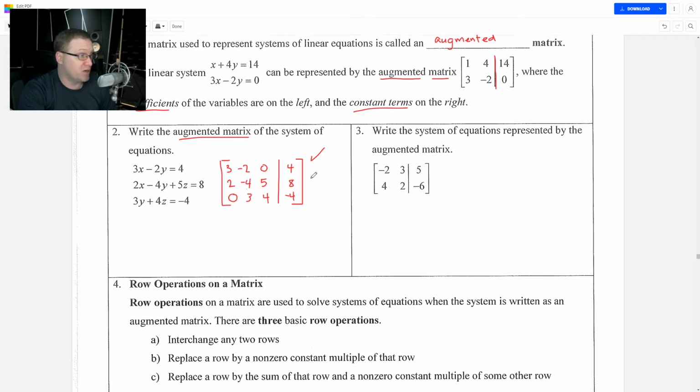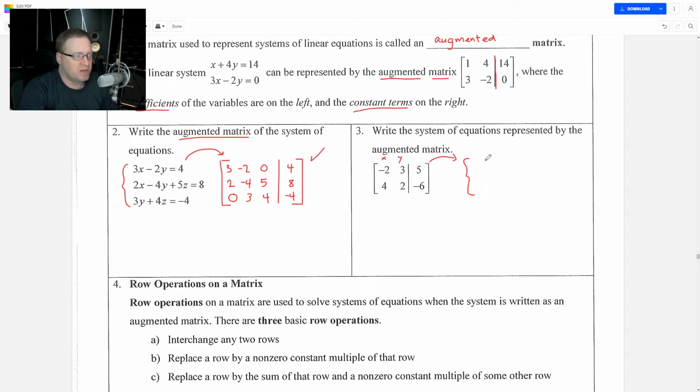Or we could go the other way. In this one, they gave us an augmented matrix, and we can write the system of equations that it represents. We usually write a system of equations with a bracket on the side. So this is all of the x variables, this is all of the y variables, and these are the constants.